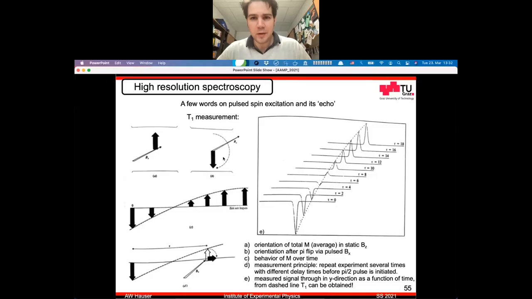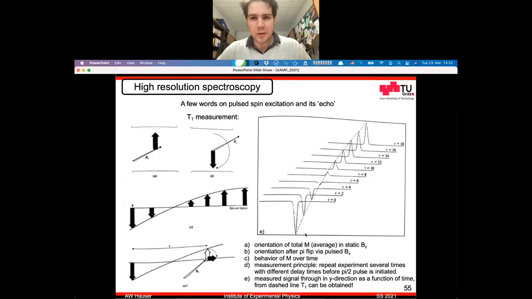And so if you repeat and scan over different times, so you repeat this pi half pulse at some time, then a little bit later, then a little bit later, you get this type of signal. At first, if you do it right after you did the pi pulse, you will have maximum intensity in your XY plane because there was no time for relaxation, right?